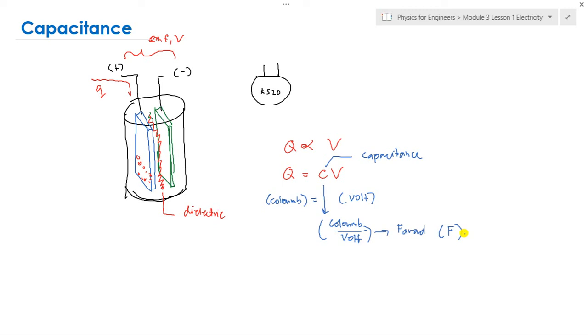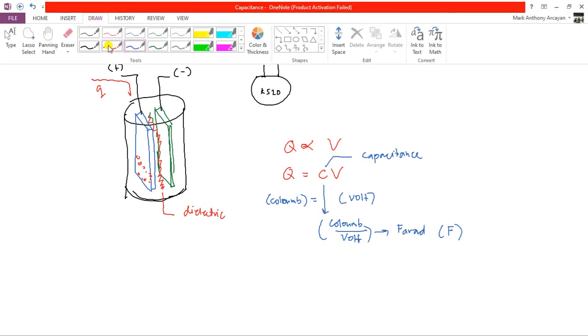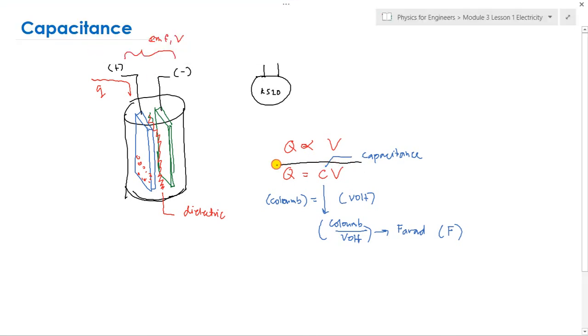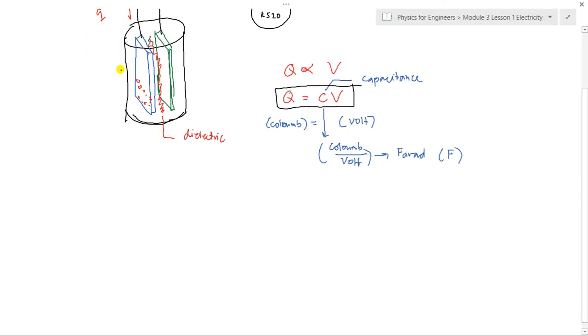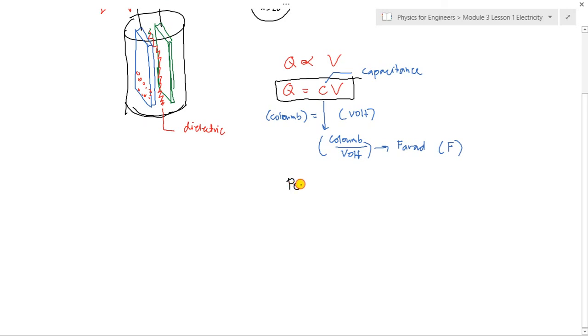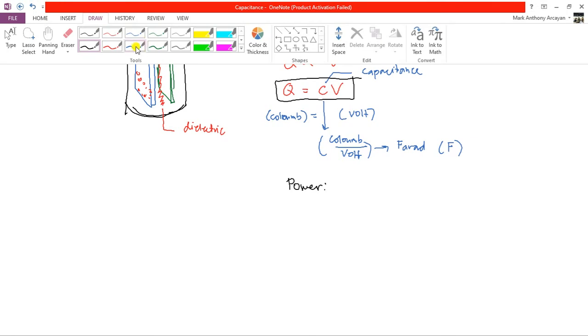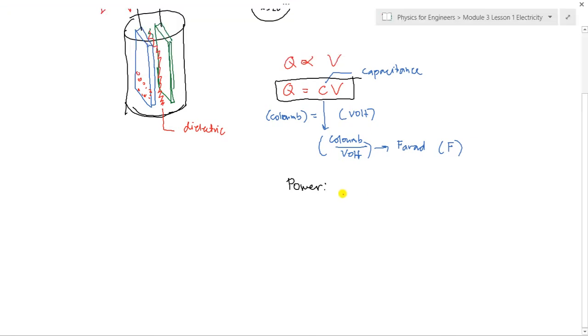So here is the general formula for our capacitor, which relates the charge, the capacitance, and the voltage. Now let's go to the power that will be emitted by our capacitor, the power it can release. So power P, in watts, is equal to 1/2 CV squared.